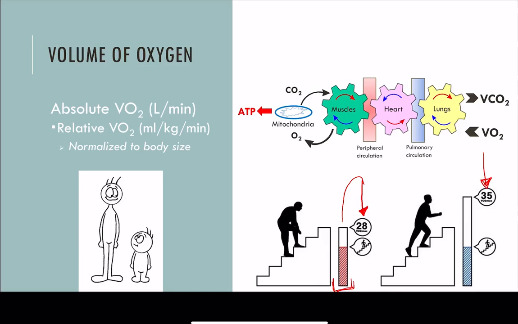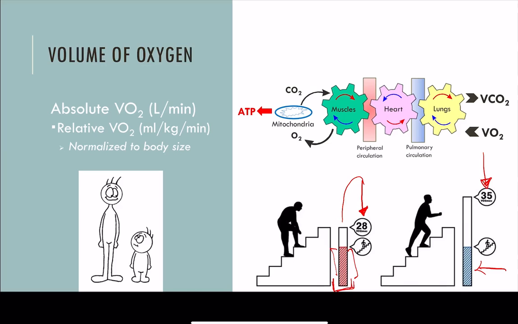If this stair challenge takes this much effort, this much oxygen to fuel the machinery to climb the stairs, you can see that the patient on the left, you tapped much more into their total reserve than the patient on the right. The energy requirement of the stairs is the same, but relative to their total capacity to take in oxygen and use it, that challenge will feel very different for those two patients.